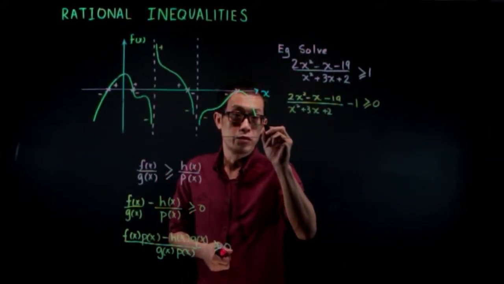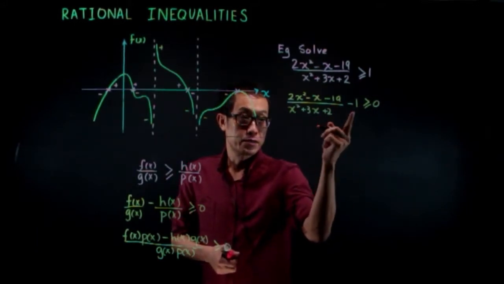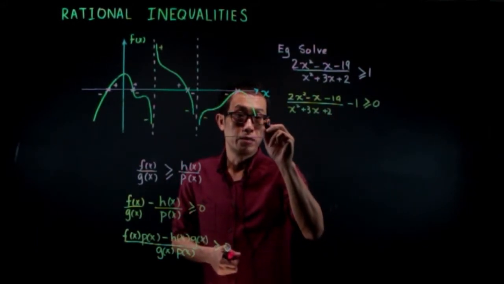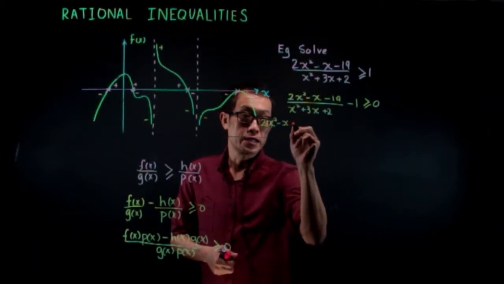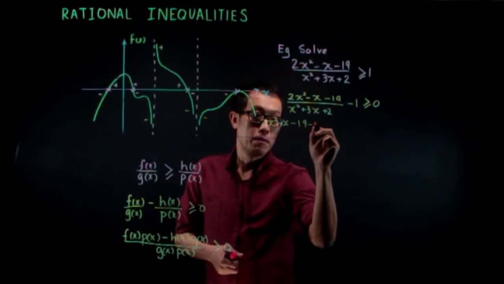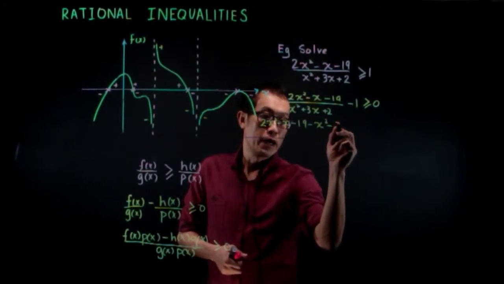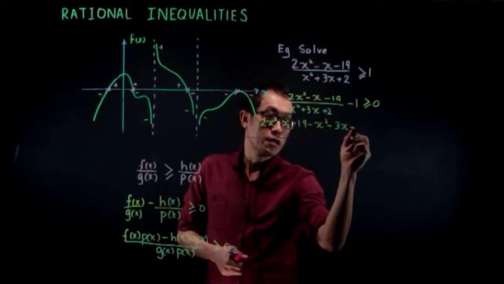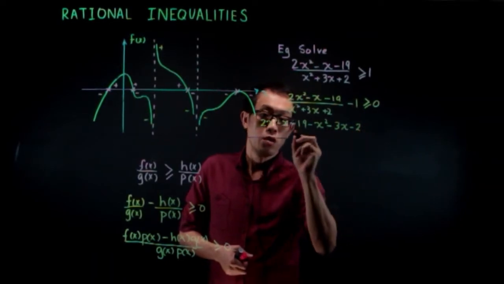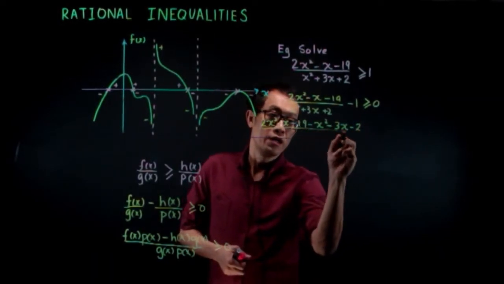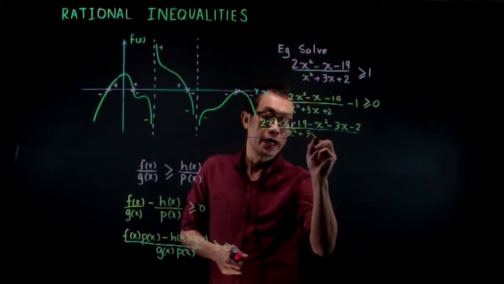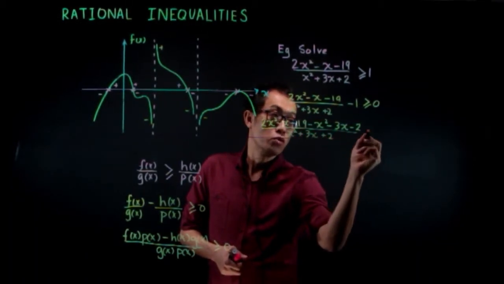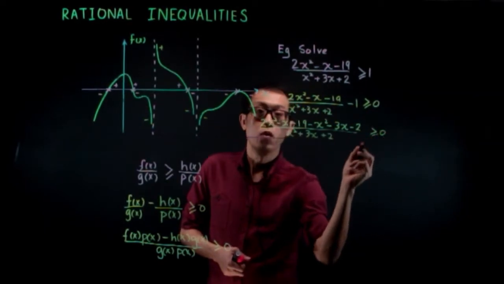Then you express this with a common denominator. So you have 2x squared minus x minus 19 minus x squared minus 3x minus 2 over x squared plus 3x plus 2 is greater than or equal to 0.